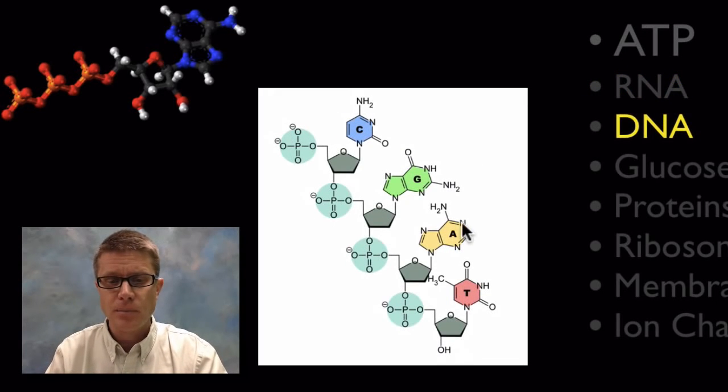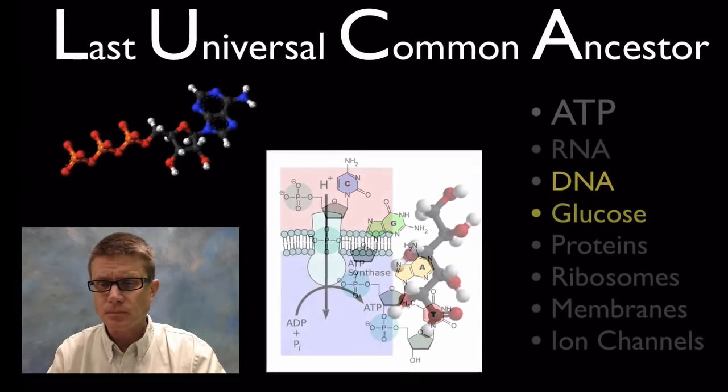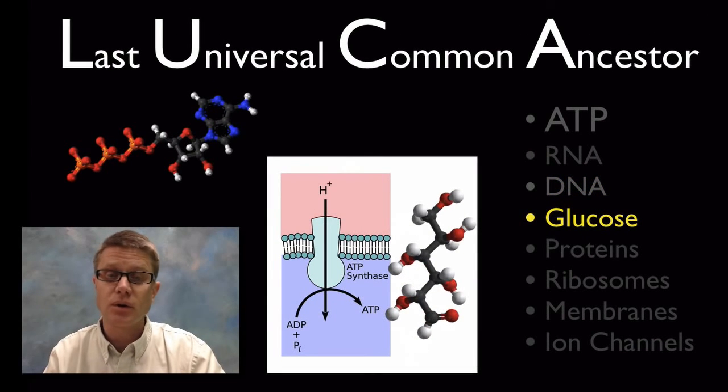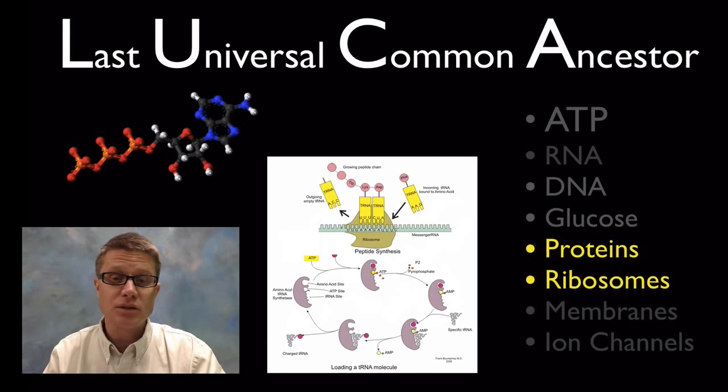Let's look at DNA. DNA also has this adenine. It has a deoxy sugar, and there's an enzyme that's actually going to switch that. But it's also really close in structure to ATP. All cells use glucose. What do we use glucose to do? Remember, we're going to break down glucose in the mitochondria, and we're going to make ATP. All life is built of proteins, and ribosomes do that.